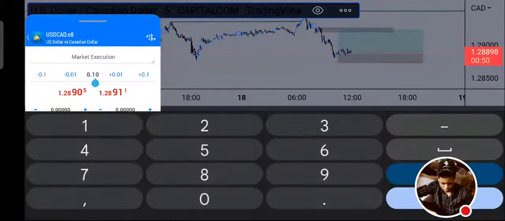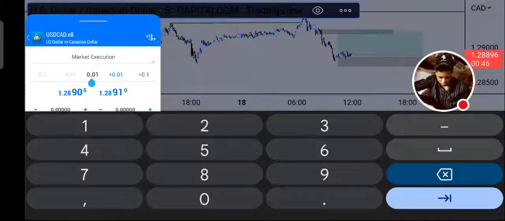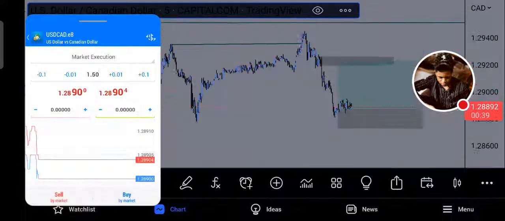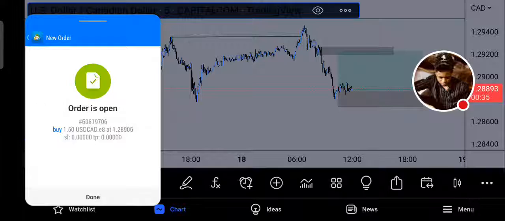Okay, market order. This is a 20k, so I'll just be using 1.50 lot. 1.50 buy, done.